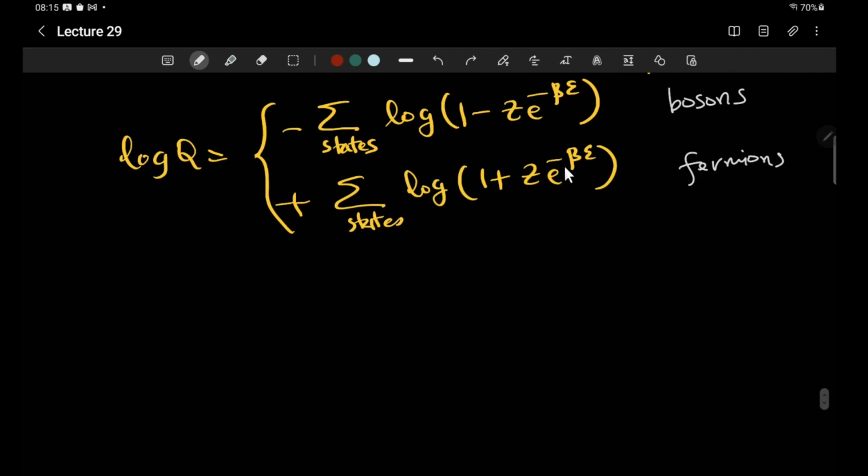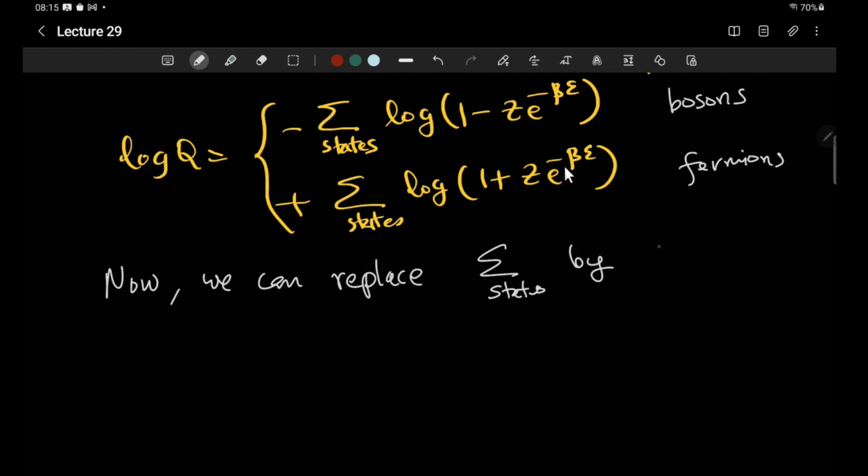Okay, so now we can replace the sum over states by g, which is a degeneracy factor, integral rho of epsilon, epsilon being energy, in the above expressions.